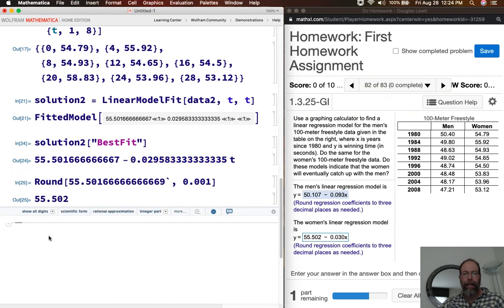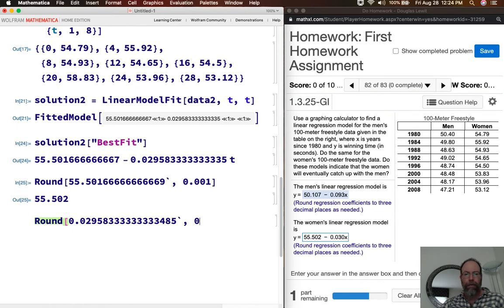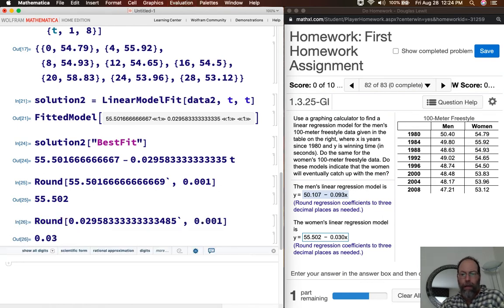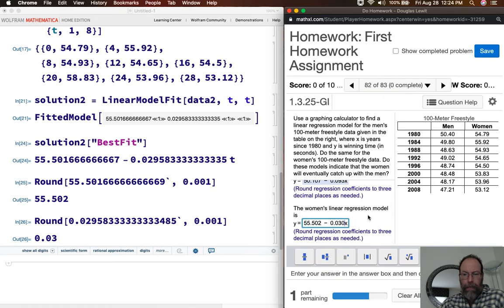I can check again. Round. Is it because of that extra 0? But that shouldn't really make much difference.